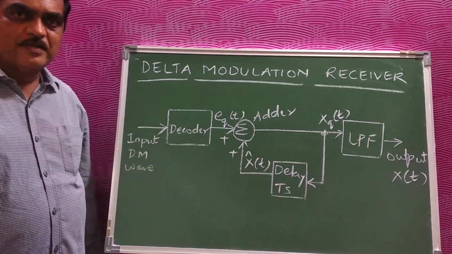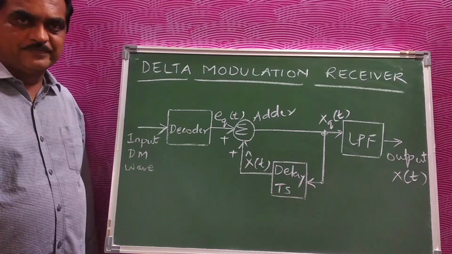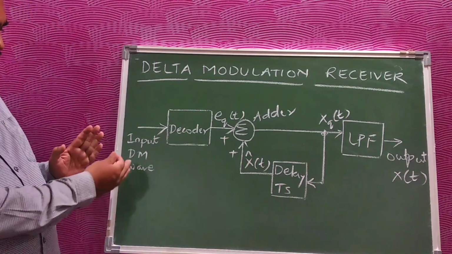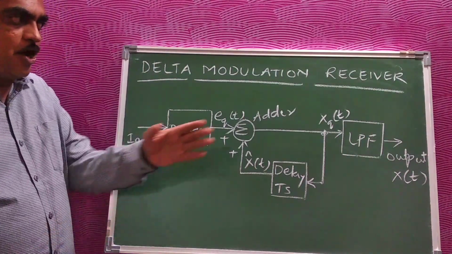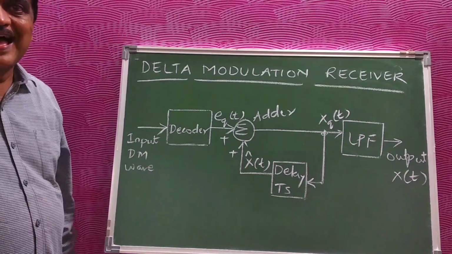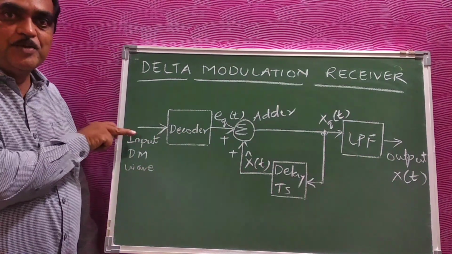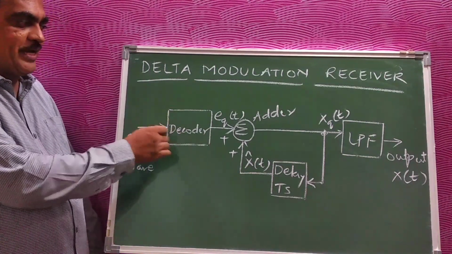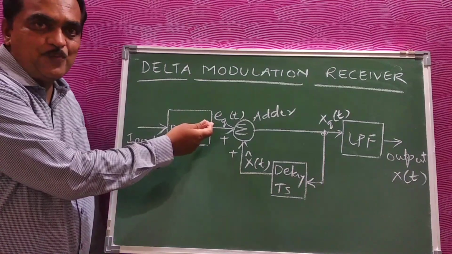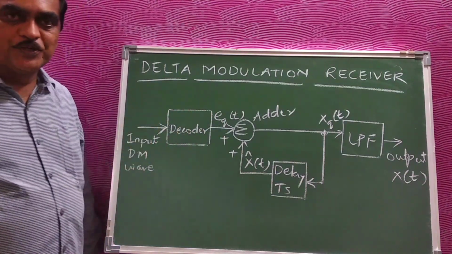But dear students, here we see the delta modulation receiver. Here you have the input, a delta modulated wave, and the output should be the analog information wave. The input, which is in binary data, is decoded, and the quantized error value comes as an input over here.